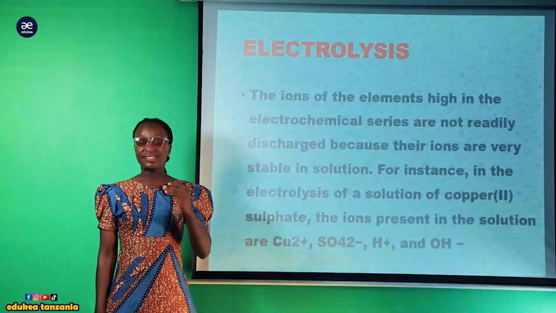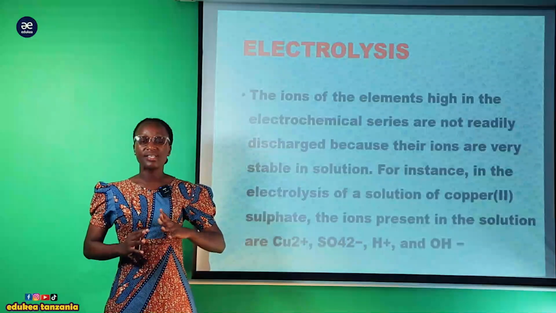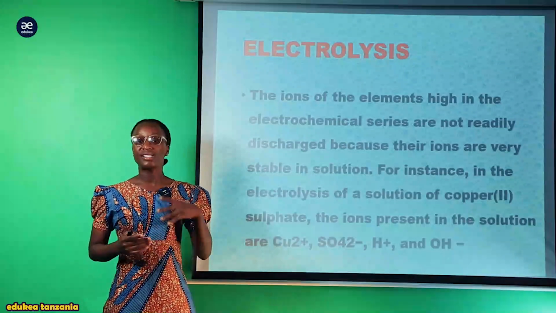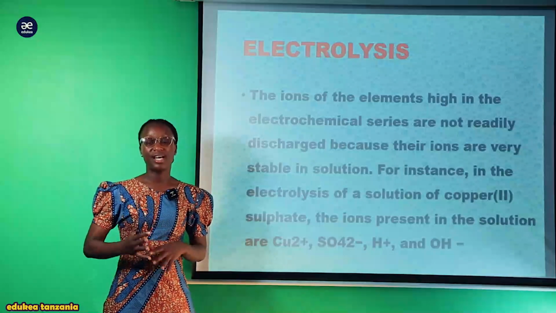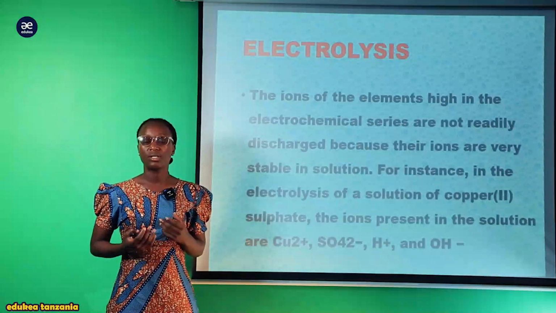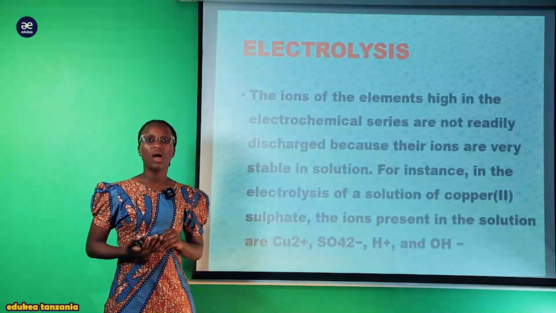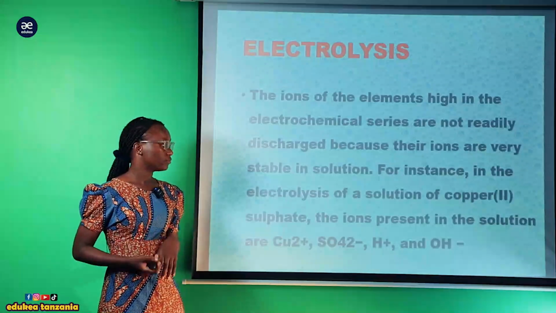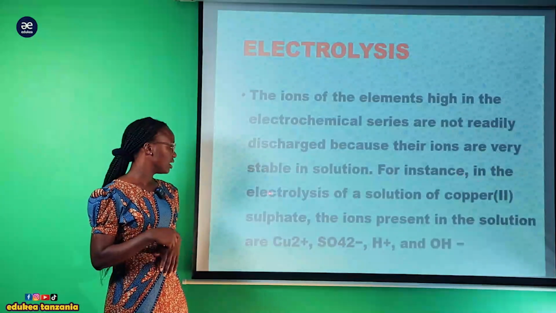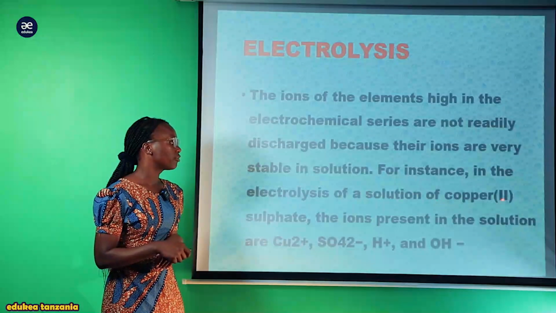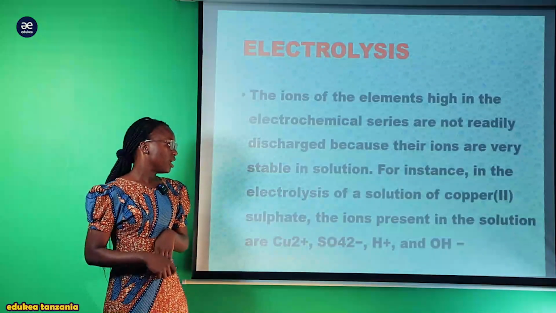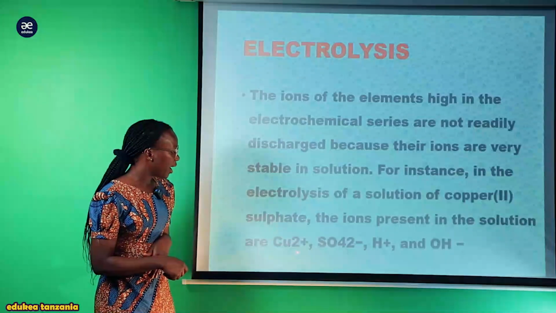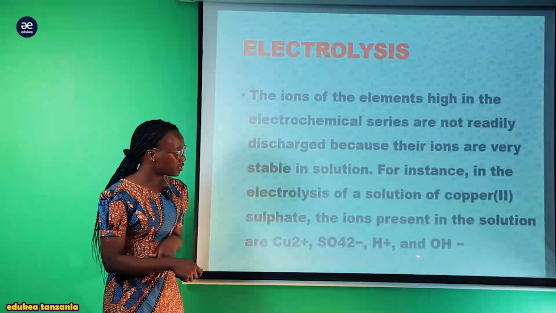Kwamba kumbe zile elements au ions ambazo zenyewe zinakuwa at the top of the electrochemical series zenyewe haziwi discharged fast, haziwi easy to be discharged, simply kwa sababu zenyewe zinakuwa na character ya kuwa very stable. For instance, in the electrolysis of a solution of copper(II) sulfate, the ions present in the solution are copper, sulfate, hydrogen and hydroxyl.